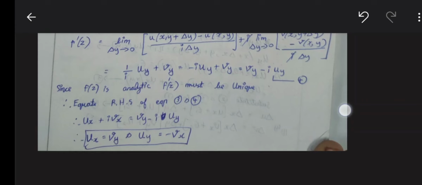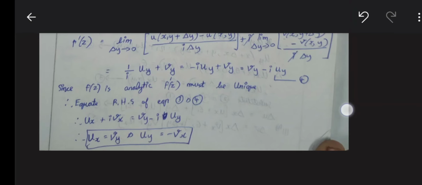After equating, we get the CR equations: we take the real part on one side and the imaginary part on the other, so ux is equal to vy and uy is equal to minus vx. If minus i uy comes to this side it becomes plus, and if i vx goes to the other side of the equal sign, it becomes minus.